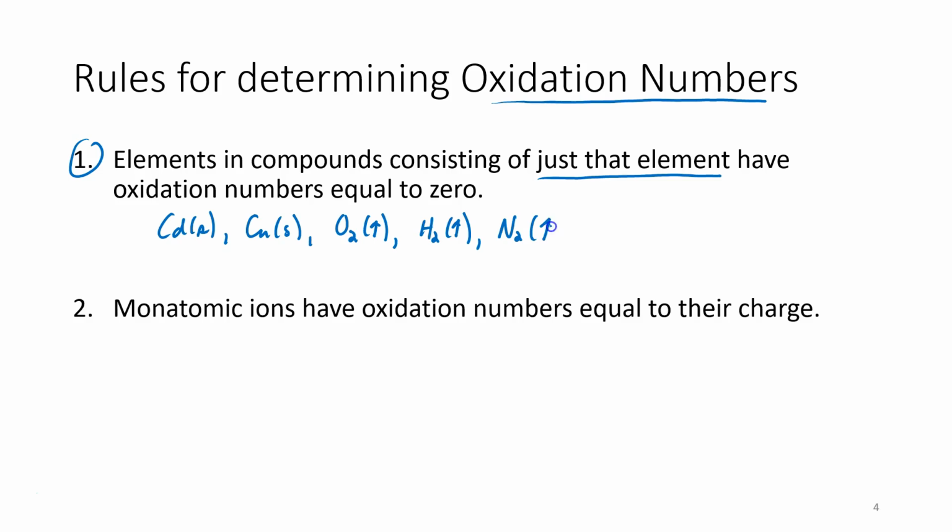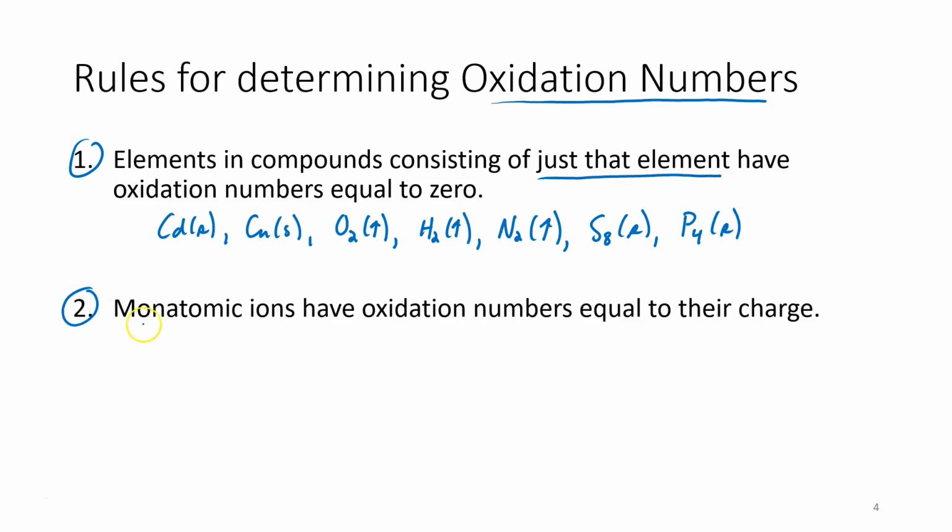Nitrogen gas, oxidation number of 0. Sulfur S8, oxidation number of 0. Solid phosphorus P4, oxidation number of 0. All of these substances consist of just a single element. They all have oxidation numbers of 0.